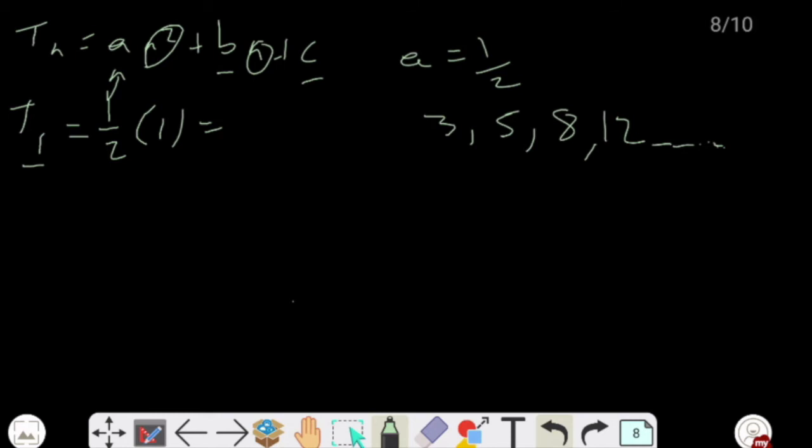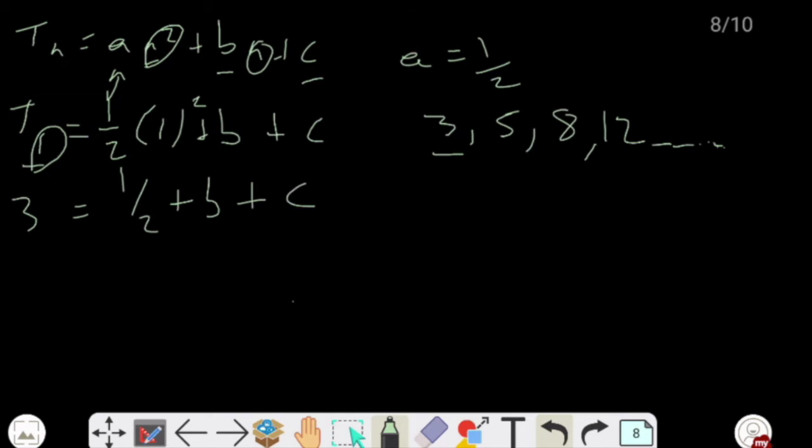Remember here it is squared, so let me not forget to square it there. Plus b times n, I'm just going to write it as b alone, plus c. And what is T1? T1 is 3. So I'm going to say 3 equals a half plus b plus c.